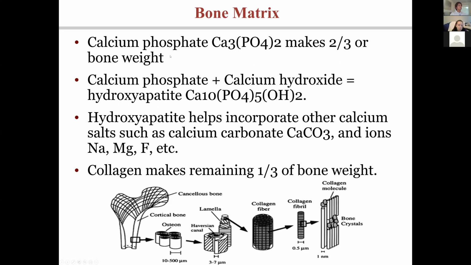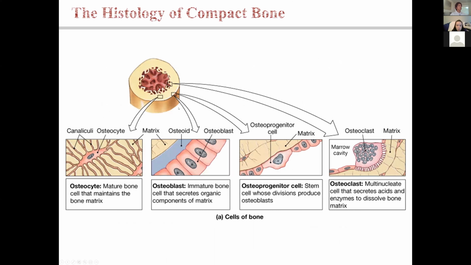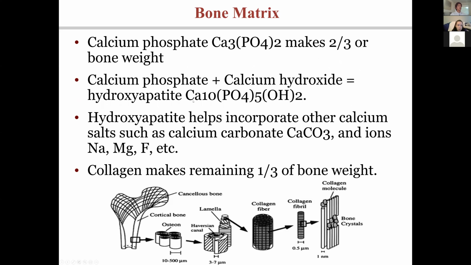Okay. What I want you to get out of this is how we go from calcium phosphate to this crystal of hydroxyapatite. You get calcium phosphate, a fairly inorganic material.